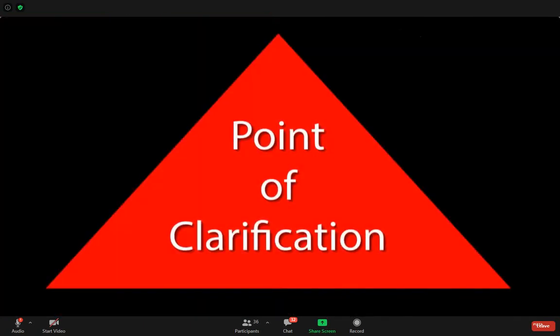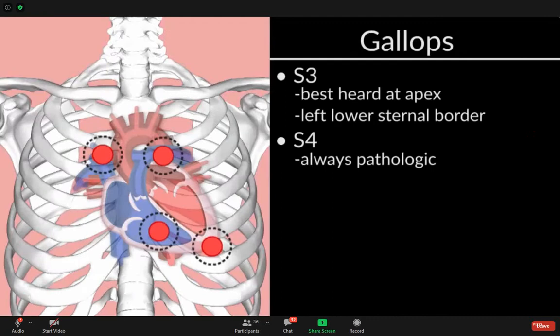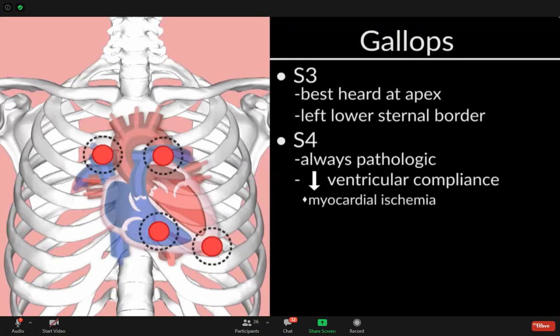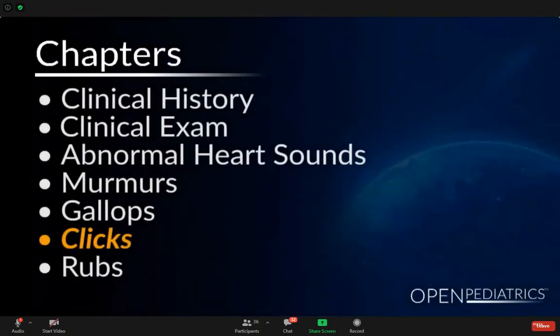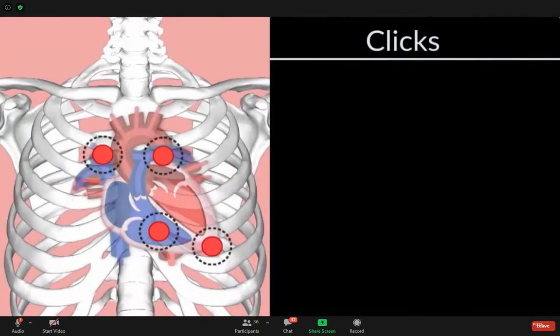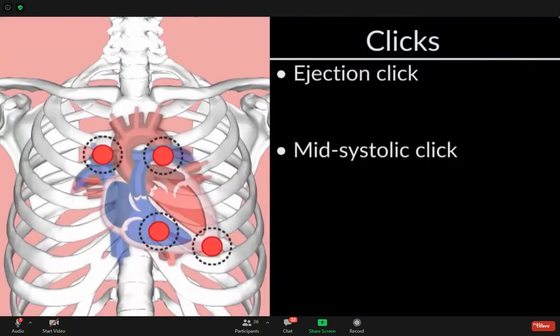Point of clarification. An S4 gallop is usually associated with decreased ventricular compliance that occurs with myocardial ischemia or ventricular hypertrophy. Clicks. There are 3 types of clicks: ejection click, mid-systolic click, or the diastolic opening snap.